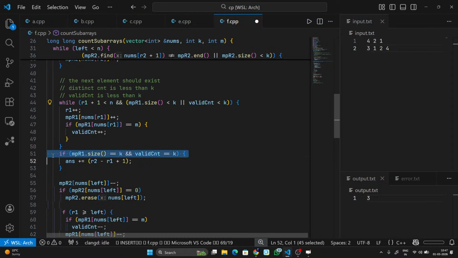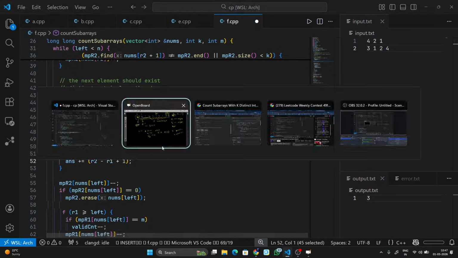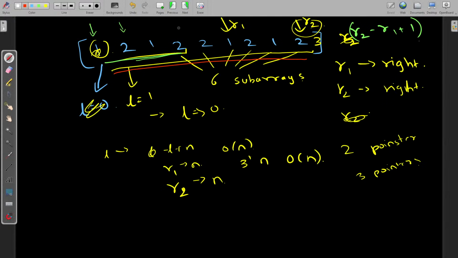Now, if the R1 map size is equal to k and valid count is also equal to k, what does this mean? This was my R1 pointer, right? This over here.